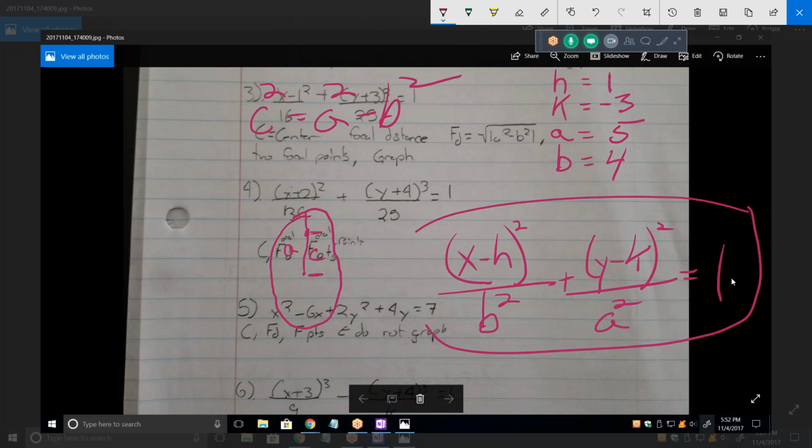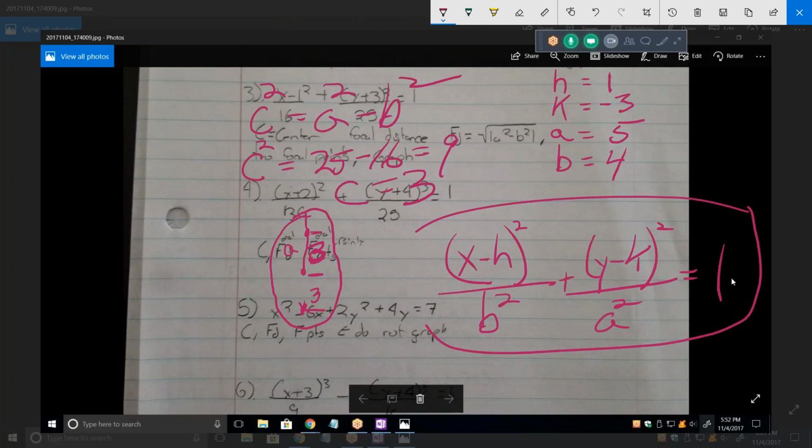So let's plug it in. C squared equals 25 minus 16. C squared equals 9. C equals 3. That means that distance is 3 feet from the center up. And there's a second one that's also 3 feet from the center down. There's the center.